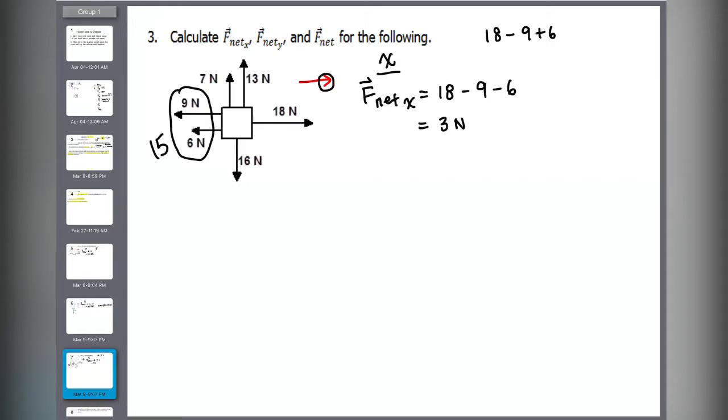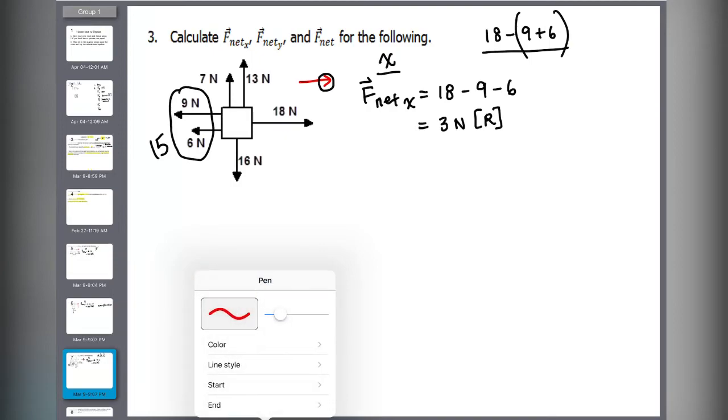So 18 minus 15, that's 3. But some of you are going to write it like that because you forgot. We need to group the same side together. And when I'm subtracting something that is together in the bracket, it really is minus minus. I don't care how you write it, but just be careful and mindful that you are taking care of the negatives. Okay, so 3 newtons to the right, and that's done for the along x side.